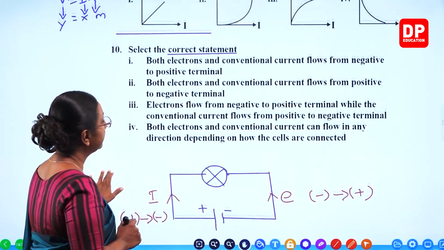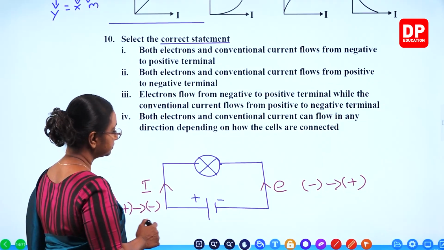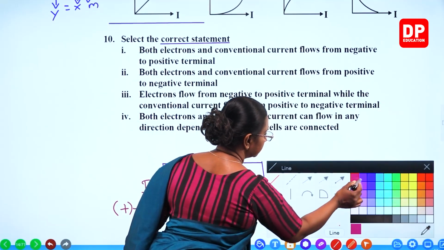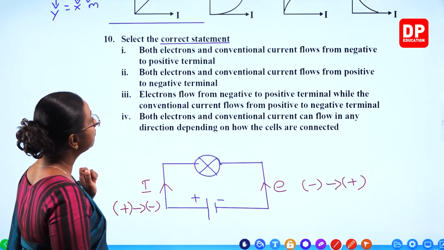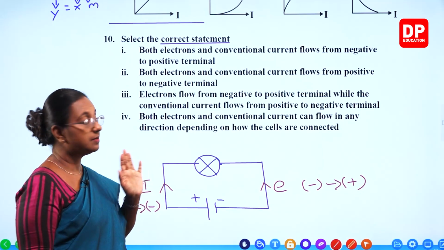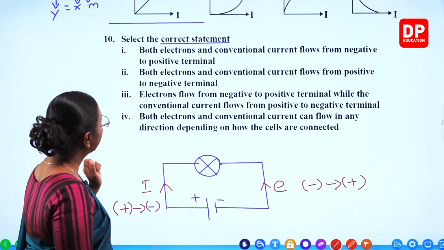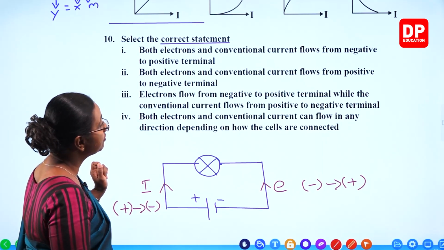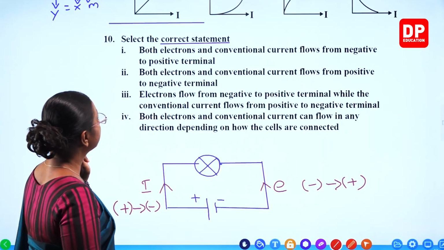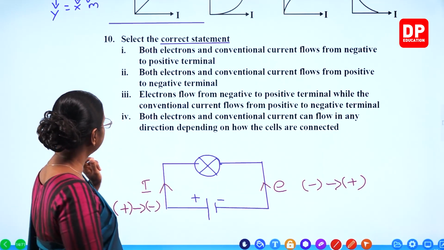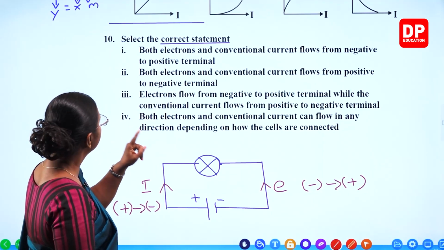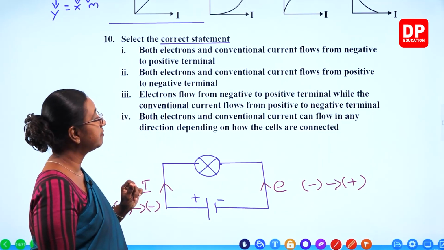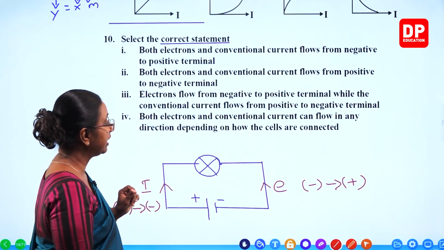So if we look at the answers: both electrons and conventional current flow from negative to positive terminal. No. Both electrons and conventional current flow from positive to negative terminal. That is also incorrect. Electrons flow from negative to positive terminal, while the conventional current flows from positive to negative terminal.